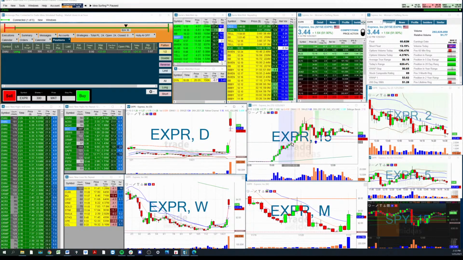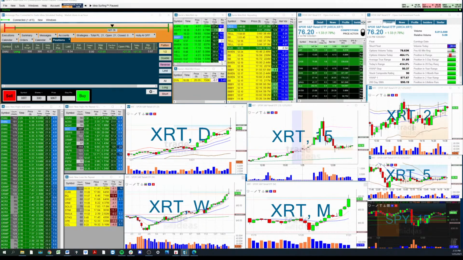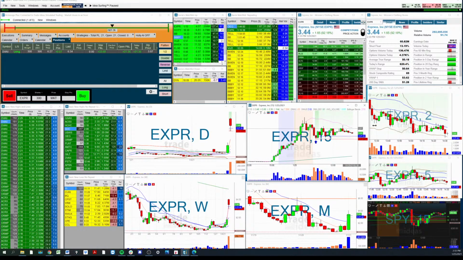This really zoomed higher after hours on Friday, continued this morning, and it's maintained. Look at the retail ETF. The retail ETF zoomed higher, flattening out now. It's still up. EXPR looks kind of the same. So again, I have no special insight as to where this could go.